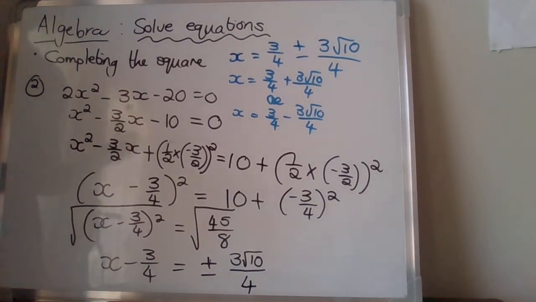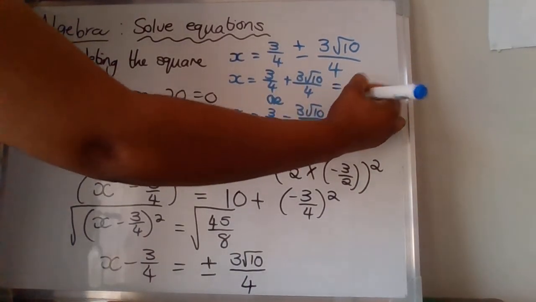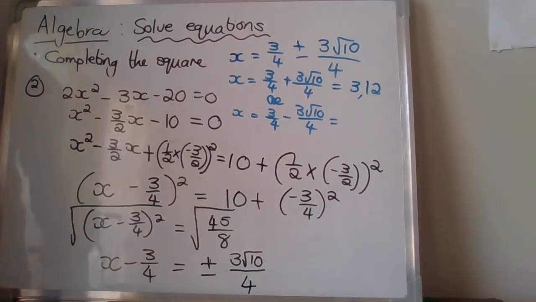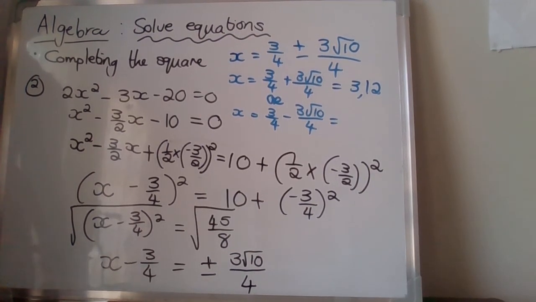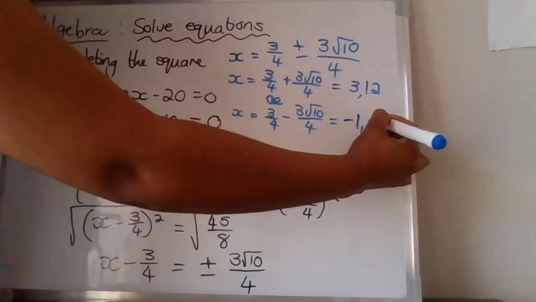All right, we can leave it like that, or we can write the decimal value, which is 3.12. Okay, and this one is minus 1.62.